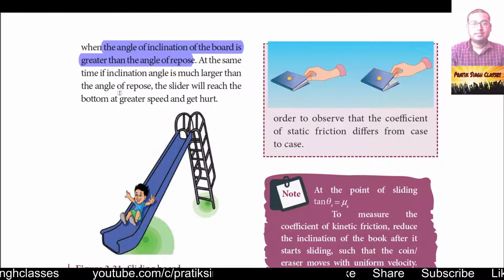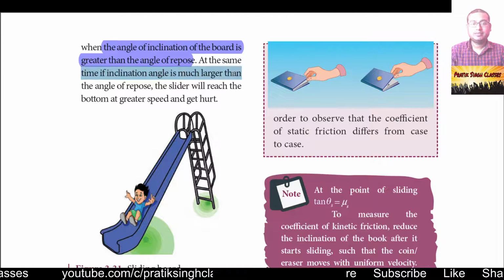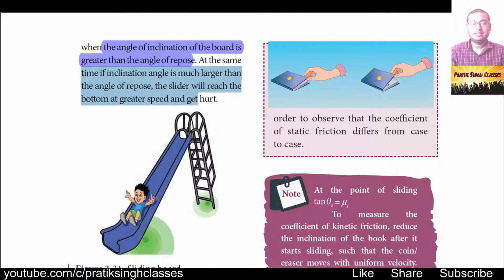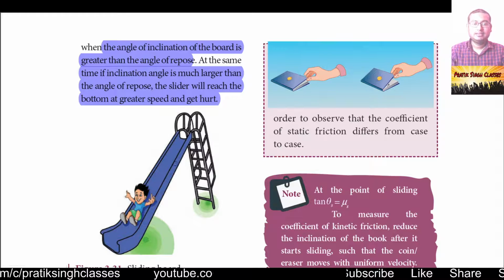At the same time, if the inclination angle is much larger than the angle of repose, the slider will reach the bottom at greater speed and get hurt. So it is inclined in such a way that the child sliding down should not get hurt.